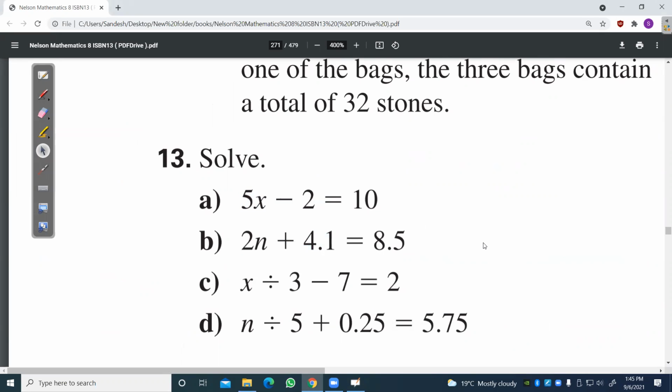You add 7. Yeah. And then you multiply by 3. Yeah, good. What about D? You subtract 0.25. Yeah. And then you multiply by 5.